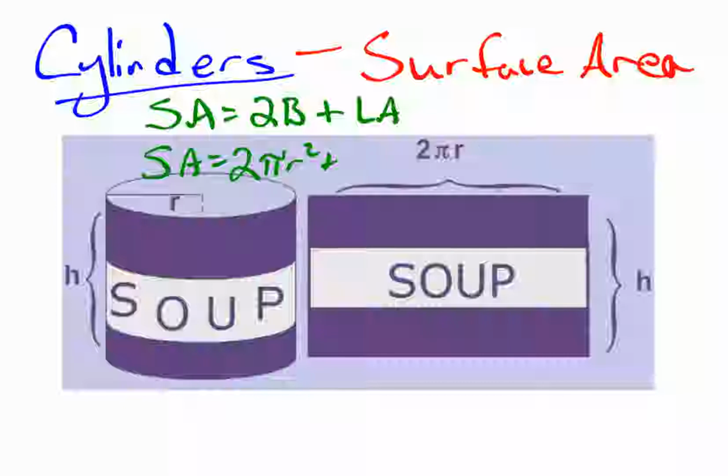The lateral area, we have to do our rectangle, which is length times height, or base times height. The base of the soup can label is the circumference of the circle, which is where the 2 pi r comes in. So we're going to take this plus 2 pi r times the height of the cylinder, which is h.